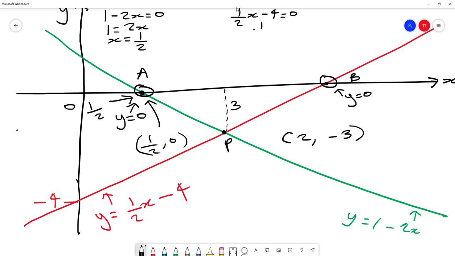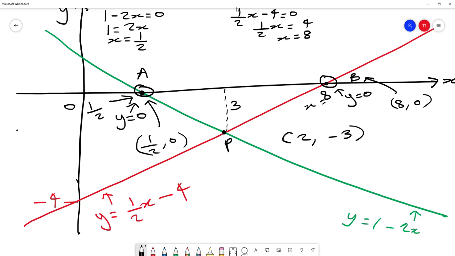So a half x equals 4, times both sides by 2, x equals 8. So the coordinate here will be 8 and 0. So now I've got x equals 8 for B, and I've got x equals a half for A.